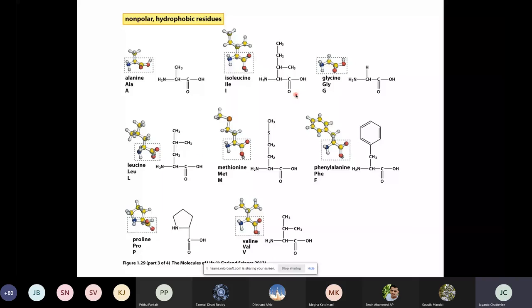In isoleucine, the methyl group which was present in the gamma position is instead present at the beta position, right? So these two amino acids, you can say that these are positional isomers, right? These are isomeric amino acids, isn't it? Only the position of the methyl group is altered.